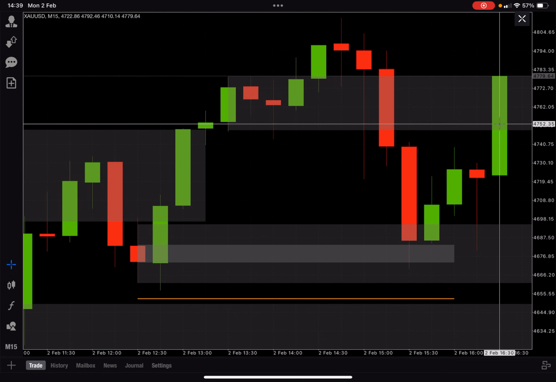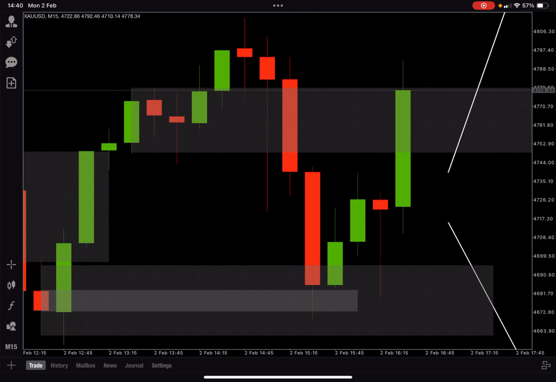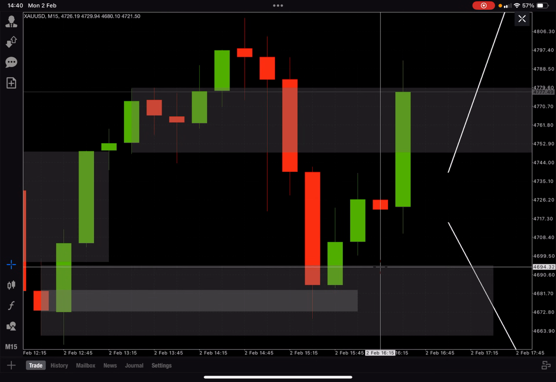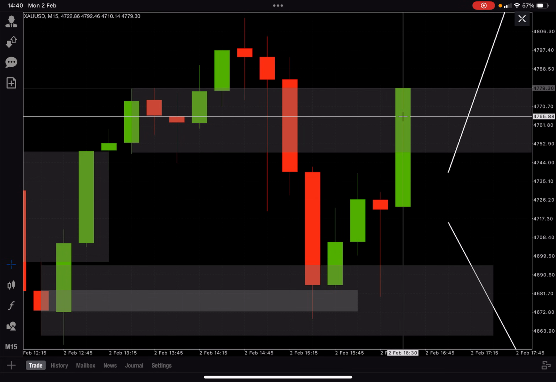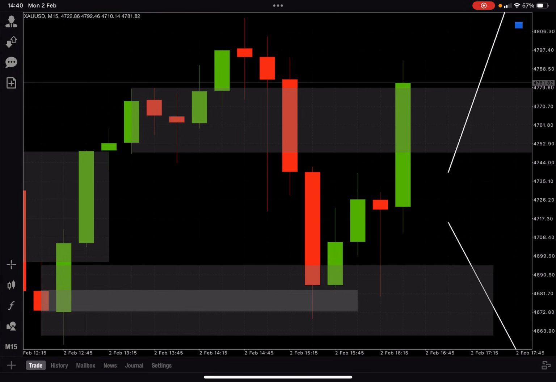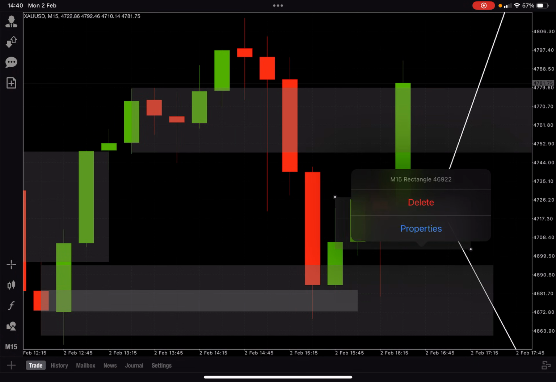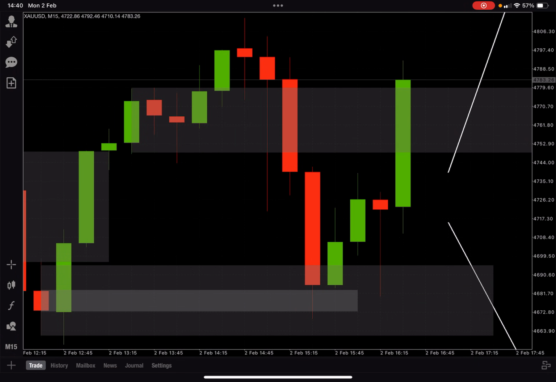So this is double manipulation taking place, because it's taking that final bit of liquidity from these two candles and continuing that upwards move. So this is also a manipulation area, but it is being shown on the smaller time frame.